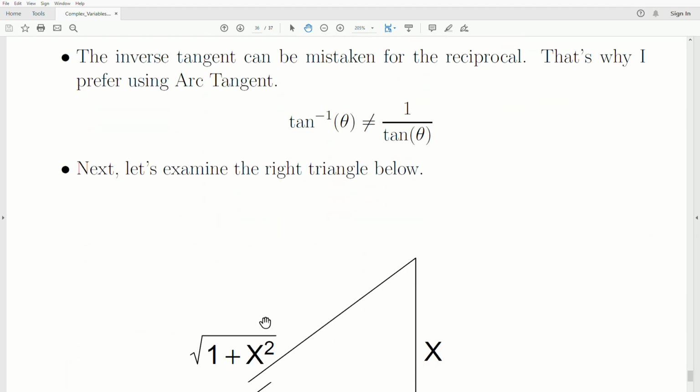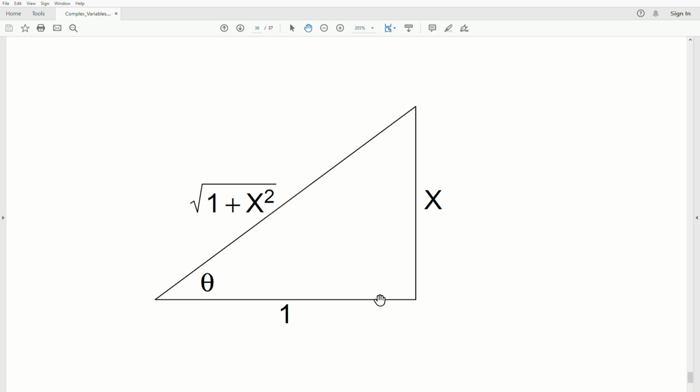So next, let's examine this right triangle. It's a right triangle, side lengths 1, x, and the square root of 1 plus x squared, with angle theta. Now we're going to do three simple operations, and I think you'll be able to remember these because as I scroll, the triangle is going to go away. If we take the tangent of theta, that is x divided by 1, or just x.